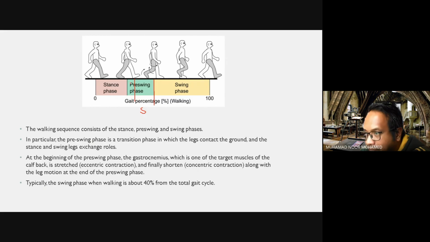Okay, now kita letak kiri ke sini lah. Stance phase for kaki kanan, pre-swing for kaki kanan. So we have stance phase for kaki kiri and then pre-swing for kaki kiri. Okay, pre-swing. And then kita ada swing phase untuk kaki kiri sampai another contact of kaki kiri. Dia akan masuk kepada pushback. Okay, this one is pushback.